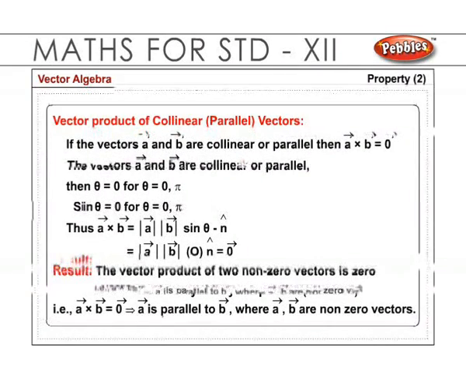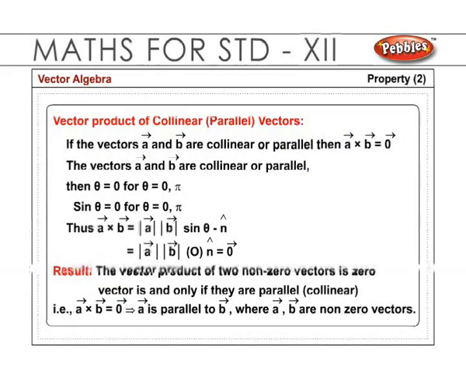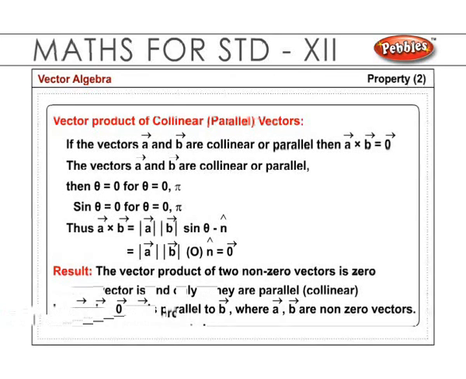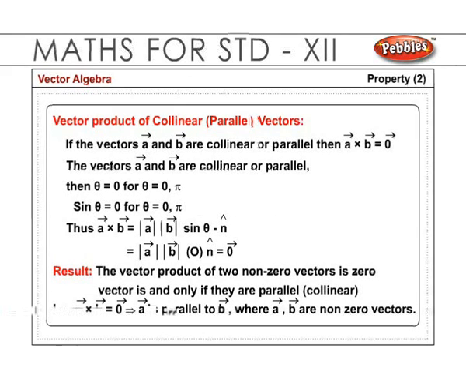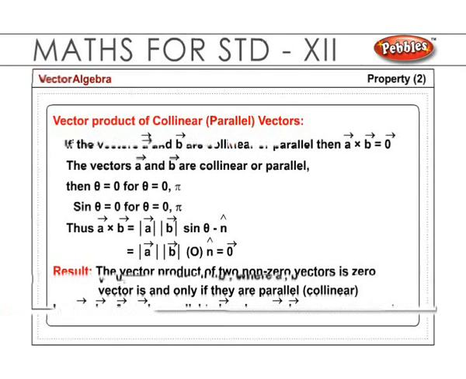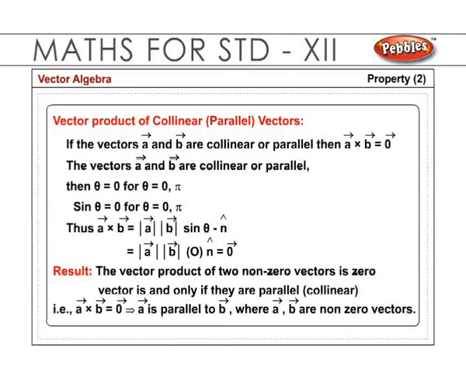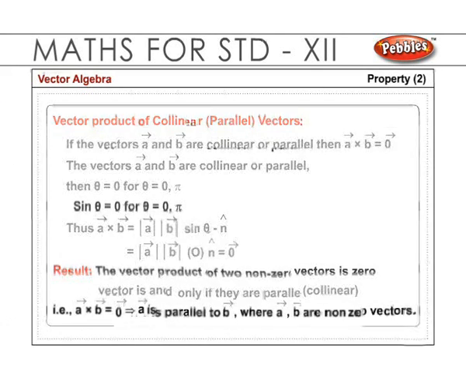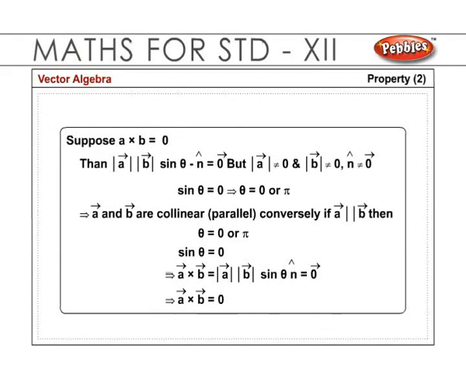Property 2. Vector product of collinear or parallel vectors. If the vectors A and B are collinear or parallel, then A cross B = 0. If A and B are collinear or parallel, then theta = 0 or pi. The proof is shown above.